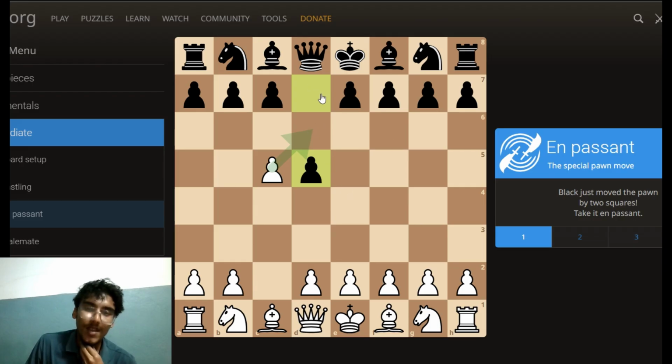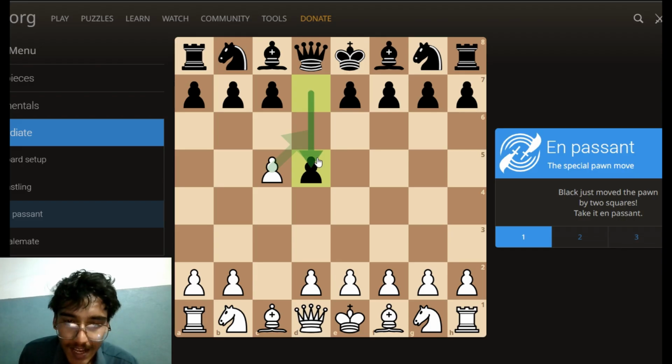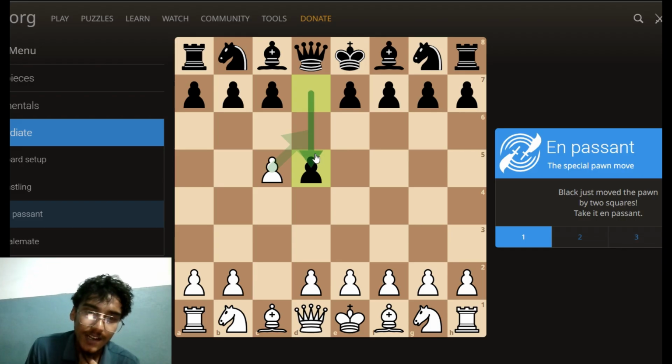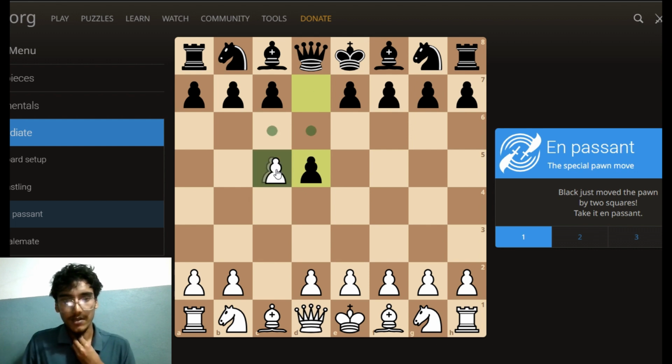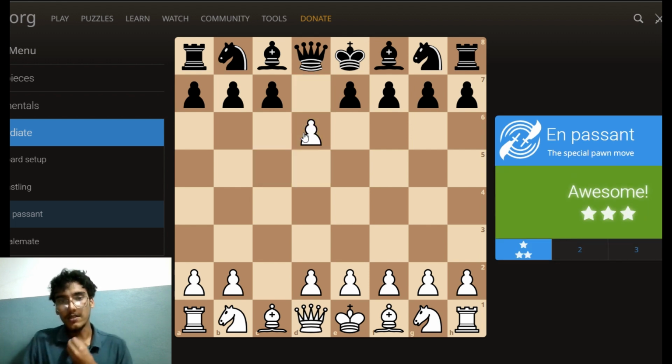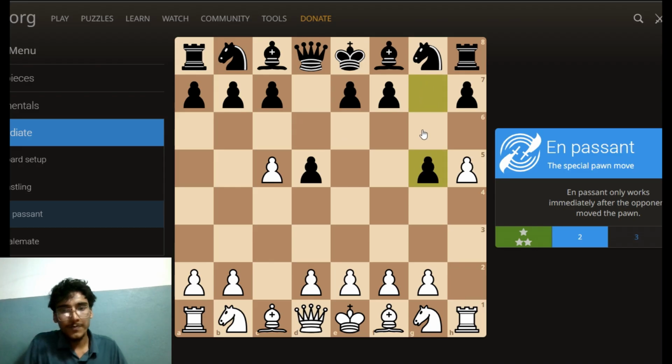So this rule says that if an opponent pawn moves two squares at that instant, then we can capture it like this. But as this was moved previously, not at that instant, we cannot capture like this.